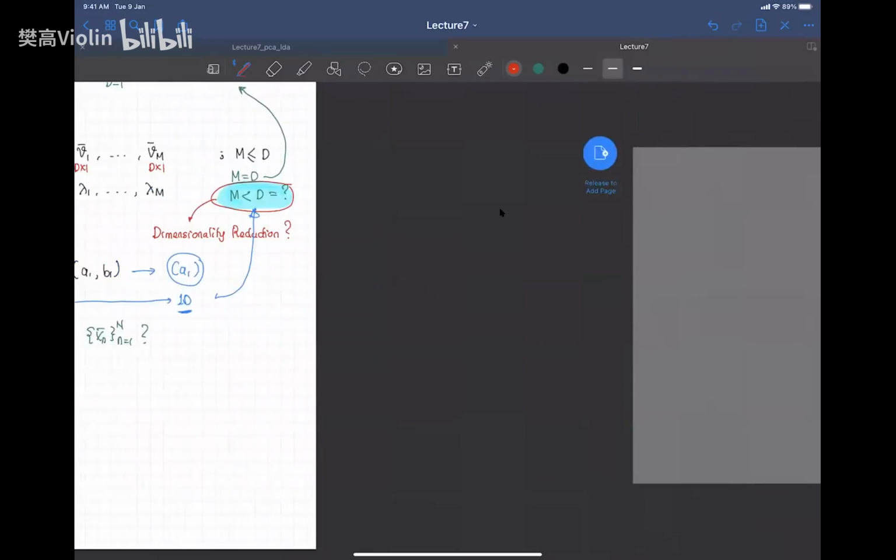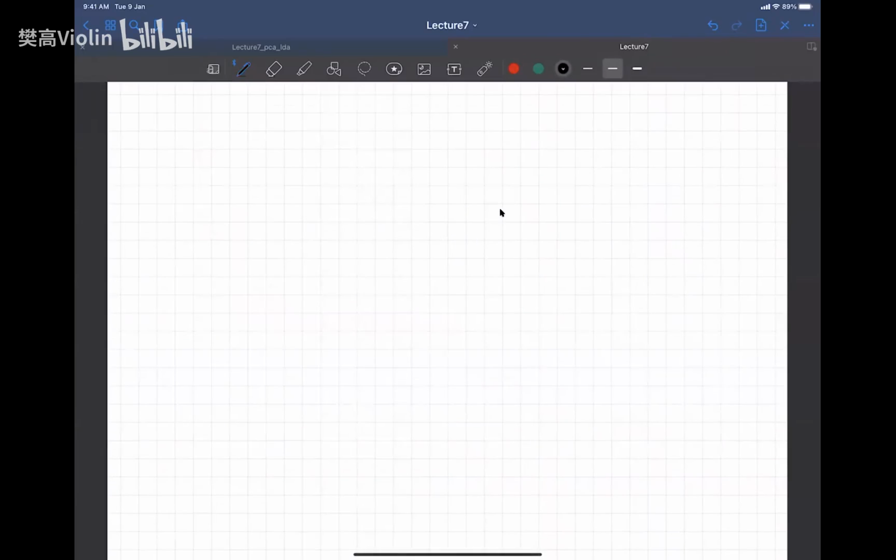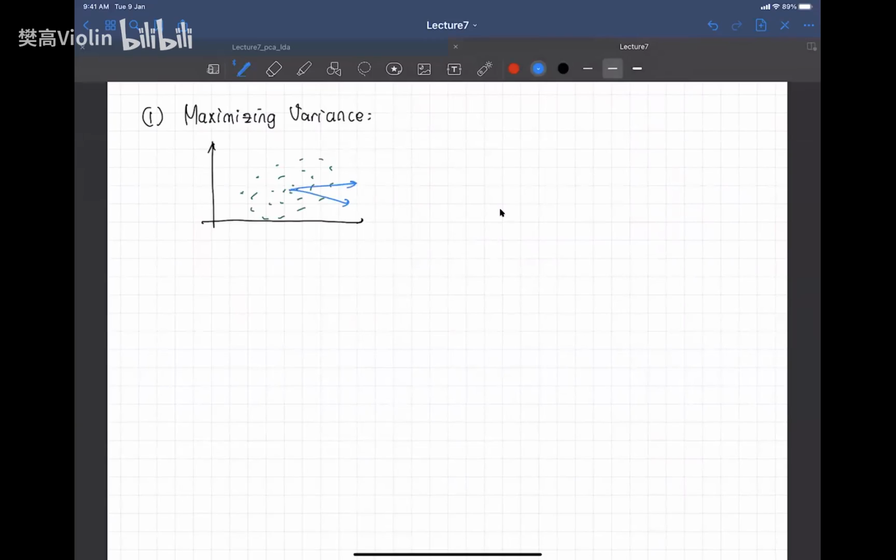Number one, maximizing variance. The basic idea of variance, again, is that we have sample points. There are many different directions here, as you can see. One is maybe this one, the other is this one, the other is this one.